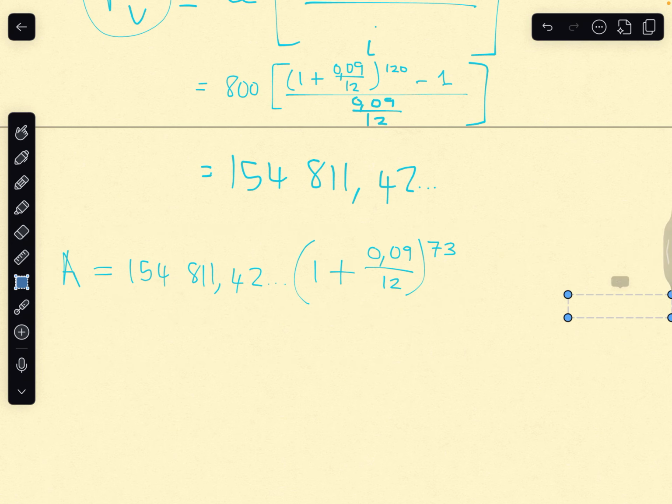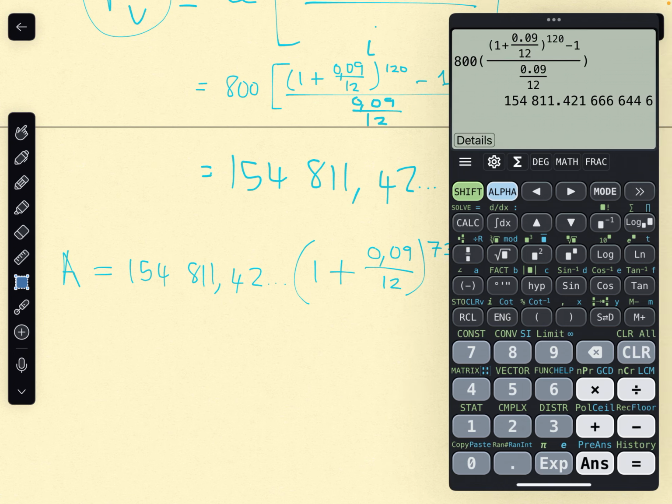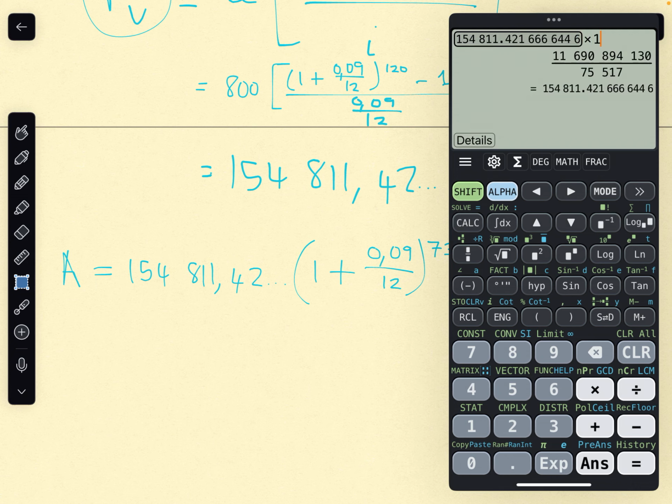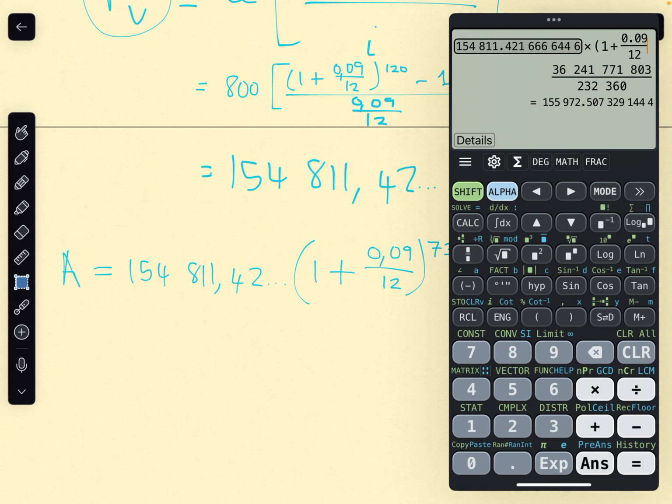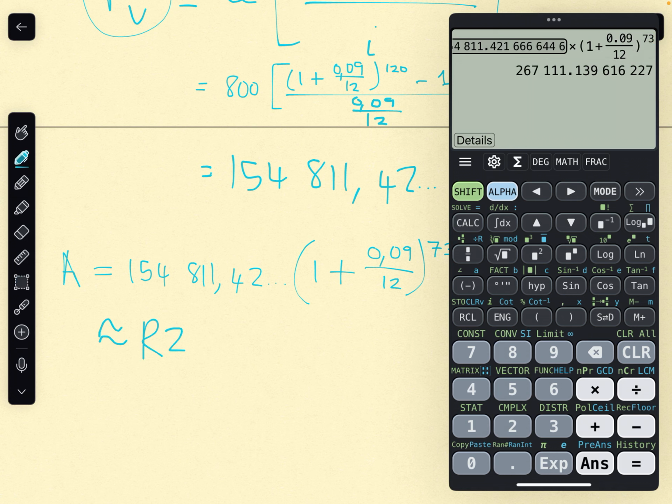I'm so nervous, I won't even lie. Okay. 1 plus 0.09 over 12. So that ends up being about 267,111 Rand and 14 cents.